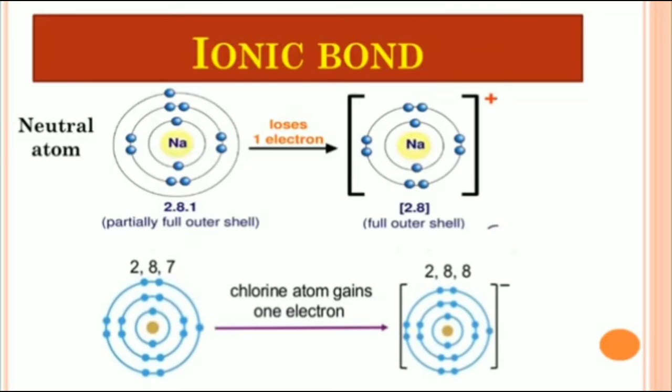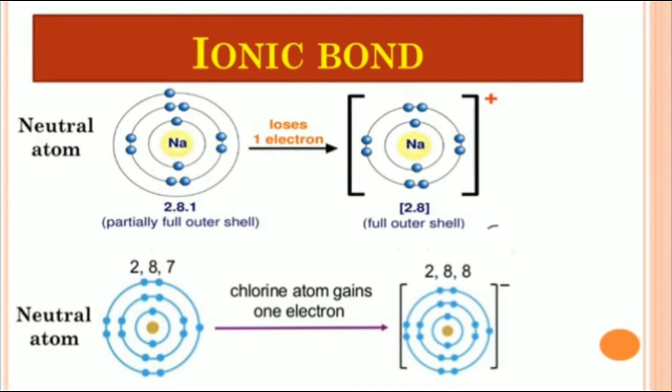Now see what is happening in the chlorine atom. Chlorine gains that one electron, because the electronic configuration of chlorine is 2, 8, 7. So it needs one electron to complete its octet. After gaining that one electron, its octet is complete.